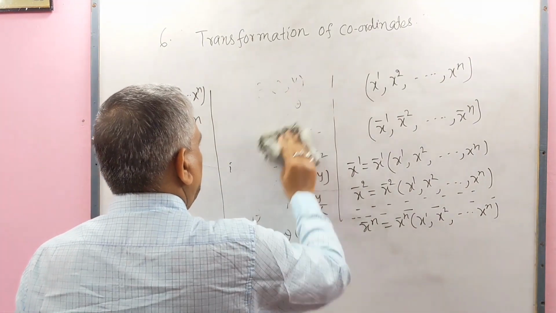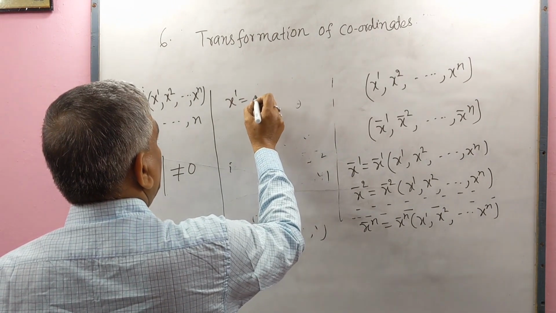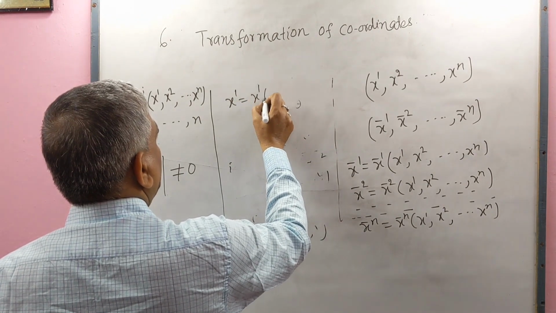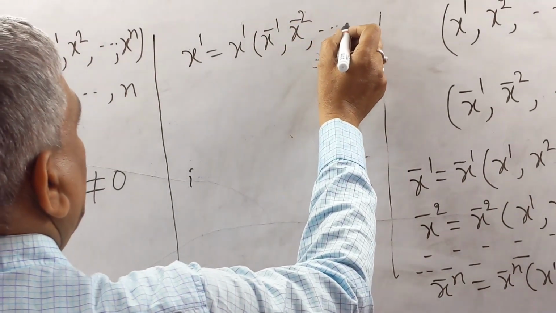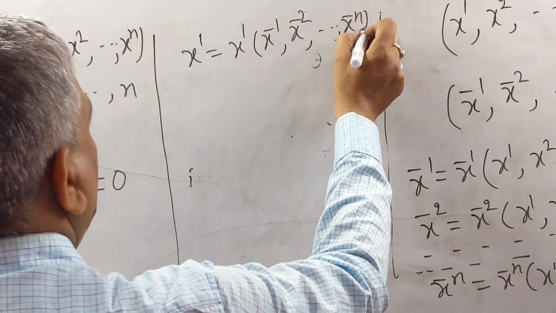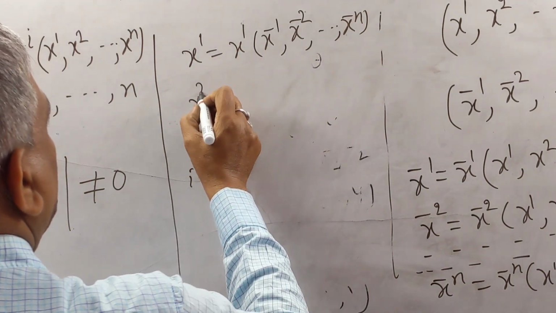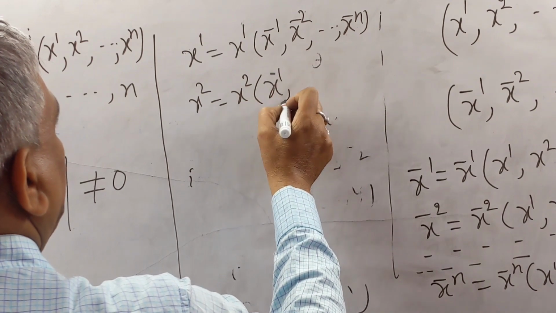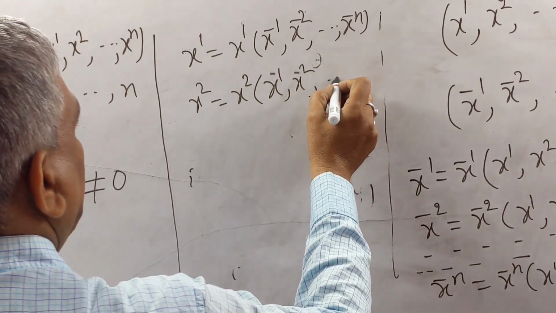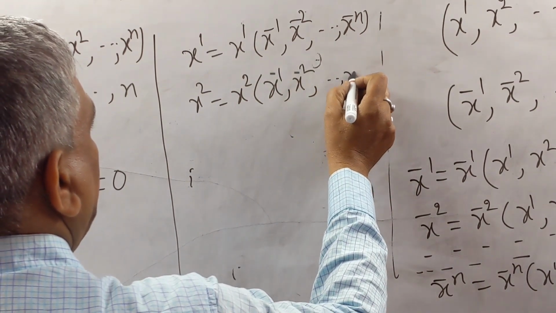That is, x1 is a function of x bar 1, x bar 2, ..., x bar n, x2 equal to x2 of x bar 1, x bar 2, ..., x bar n.